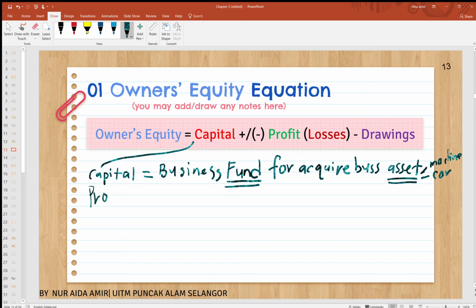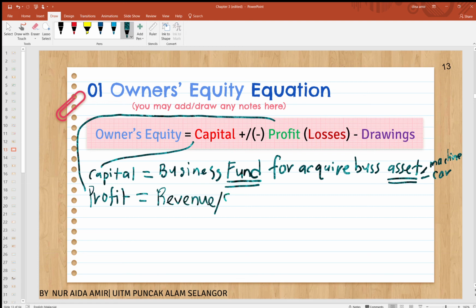Second is profit. Maksud profit kat sini, of course lah, mestilah you tahu kan, kalau you buat bisnes kecil-kecilan, make sure you punya revenue or sales, apa yang you dapat tu, kena lebih banyak daripada expenses yang you keluarkan.